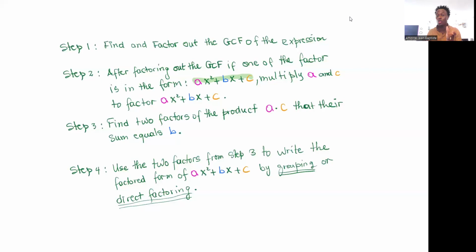Now, after you multiply a and c, you need to factor it into two numbers that when you add them, it equals b. Now, what happens if you multiplied a and c, and then you have two factors whose sum is not b? Then these two factors are not the right factors that you want to use. And what happens if I cannot find two factors whose sum is b?